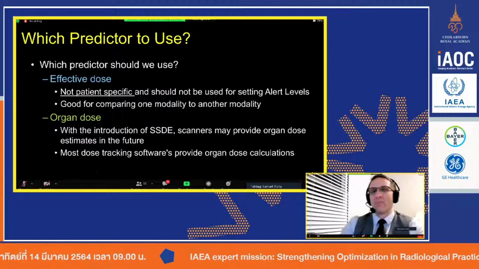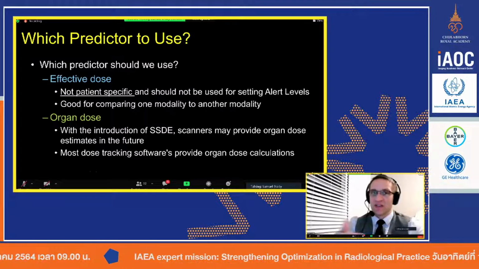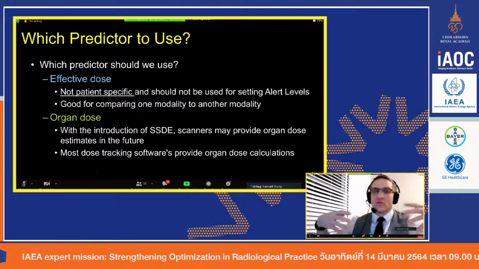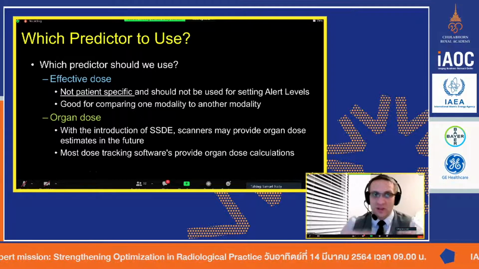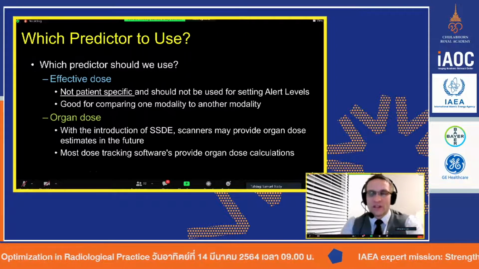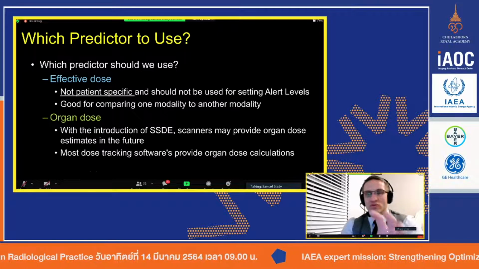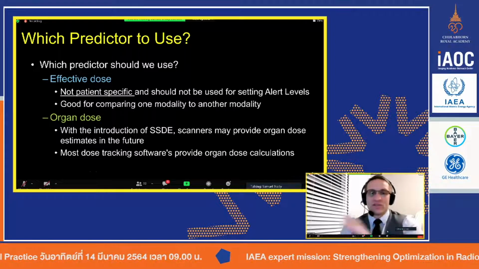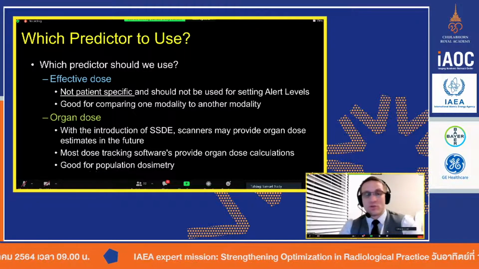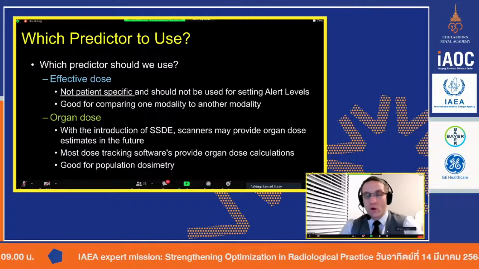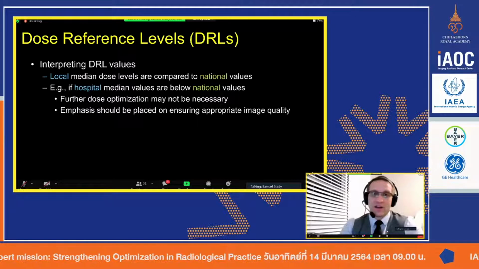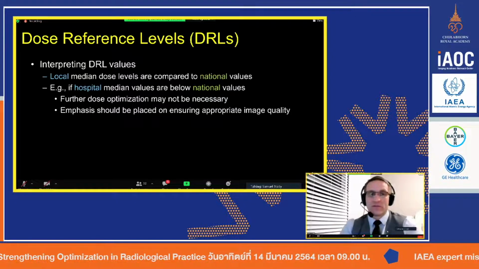We have better approximations such as SSDE, but until we can actually start calculating true organ dose for each patient on each scan, we really will never get to an idea of what is true risk. And so organ dose calculations are great for the future. They're a research tool at this point, and they will be a wonderful way for us to understand true population dosimetry, but definitely not a good tool for diagnostic reference levels.